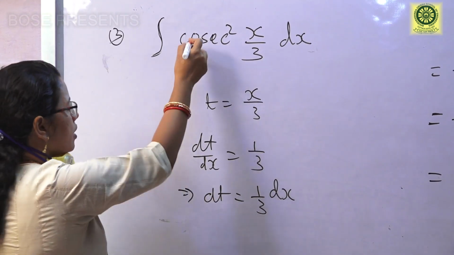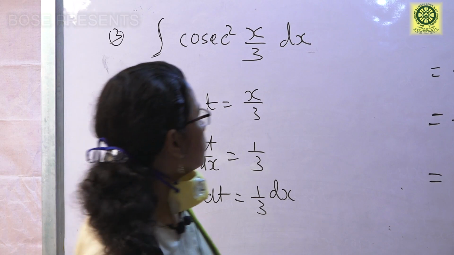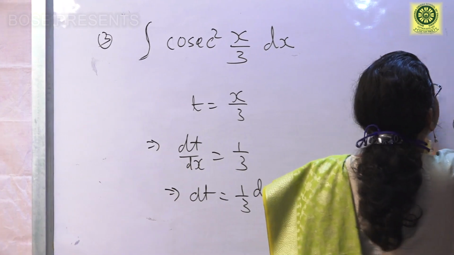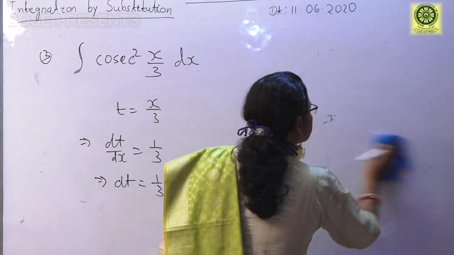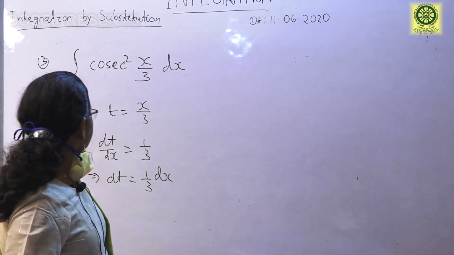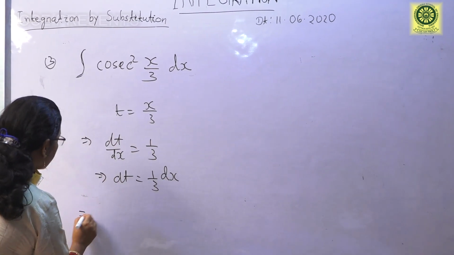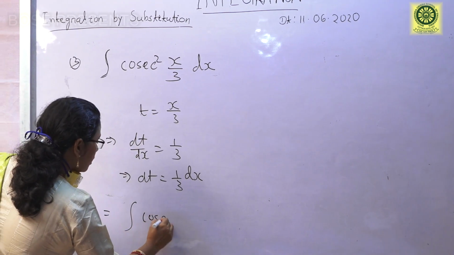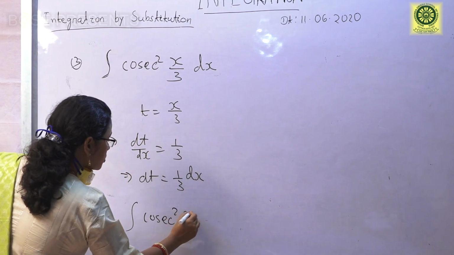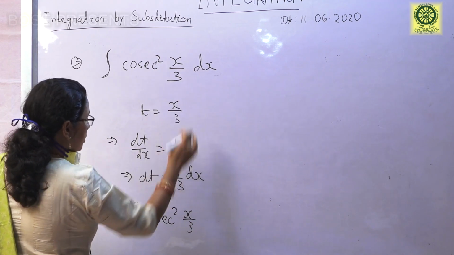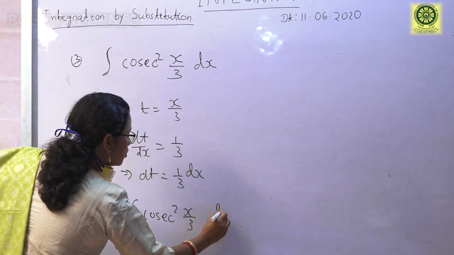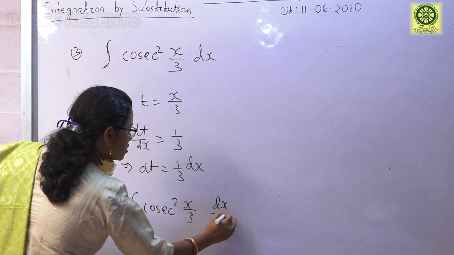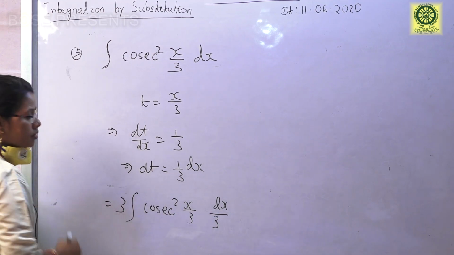Okay. Then by using this substitution, our integral becomes cosec square, just rewrite this as cosec square x by 3, and to use this substitution, just divide by 3 here and multiply by 3 here.